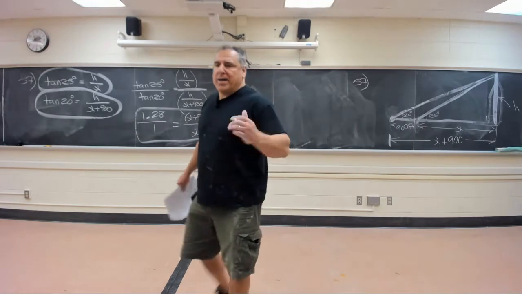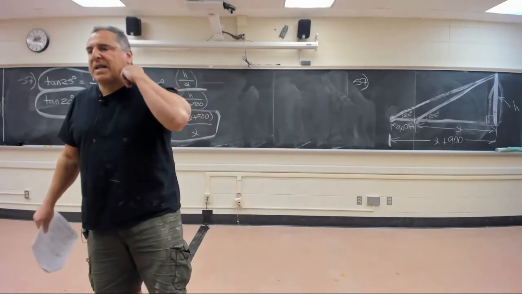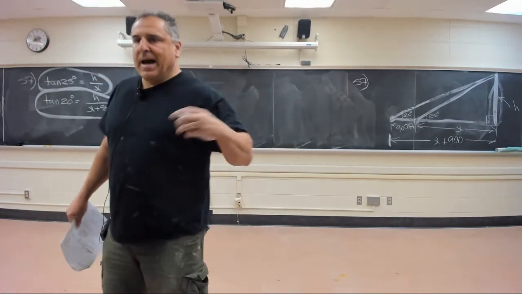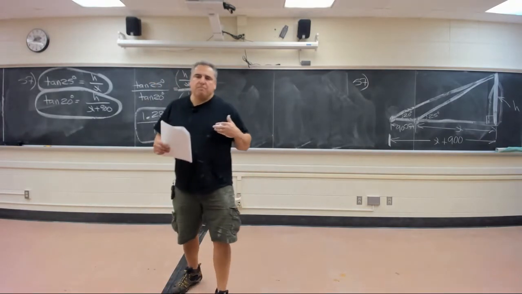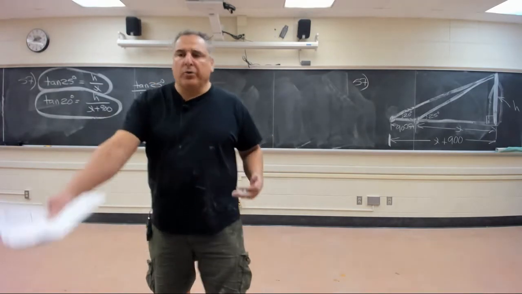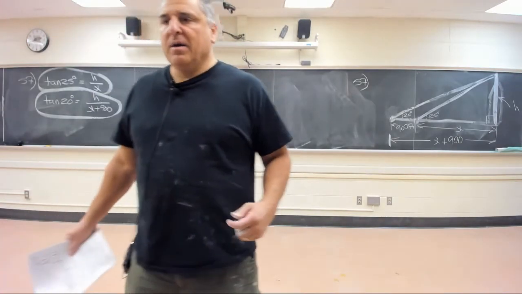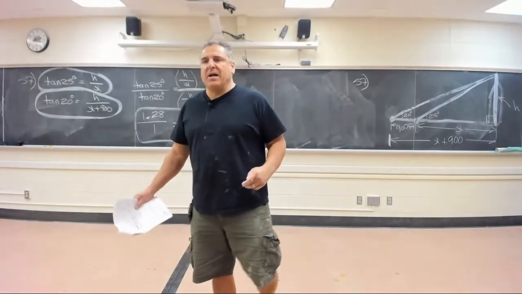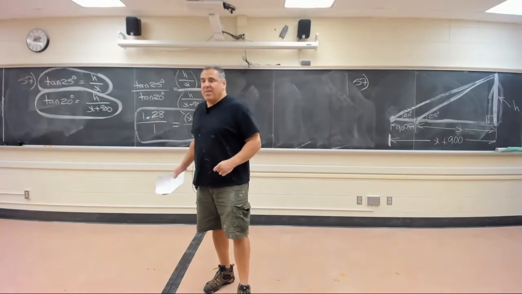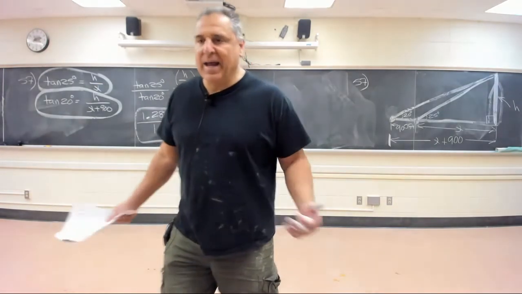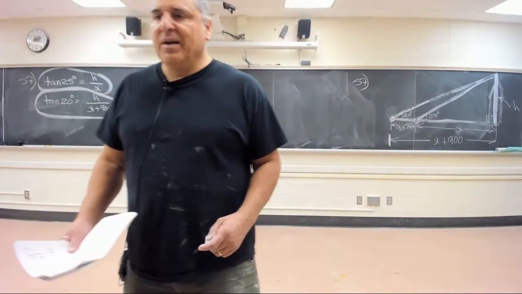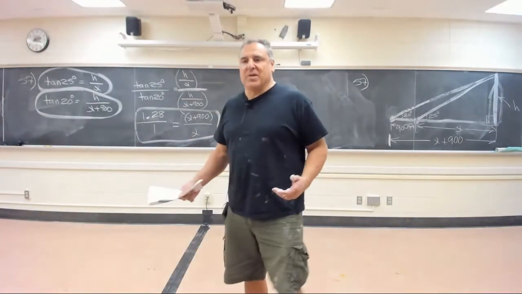How far is she from the Empire State Building when she's walked closer? And how far was she when she was 900 feet further back than the closer number? Well, I'm just going to add 900 feet to it. That's pretty easy. I didn't get asked those questions, but I could answer them.